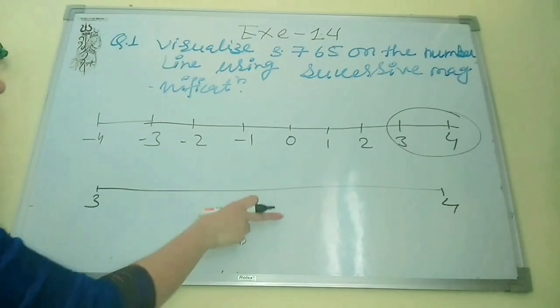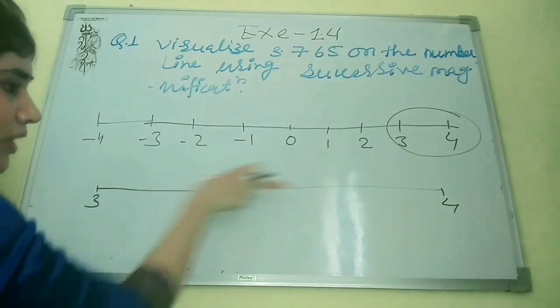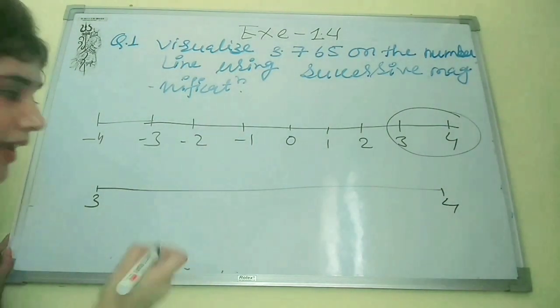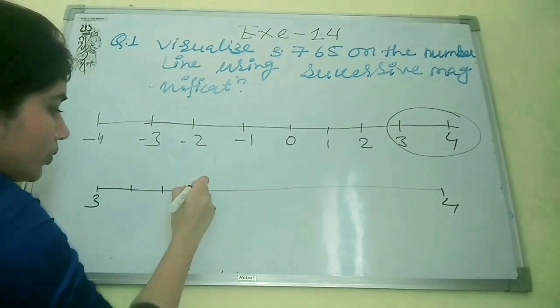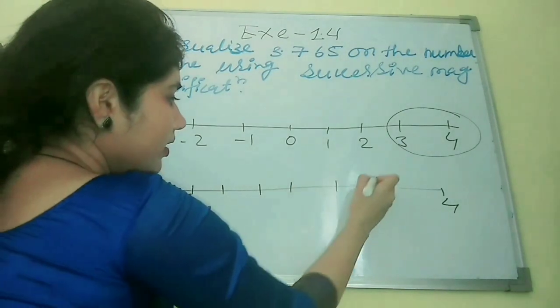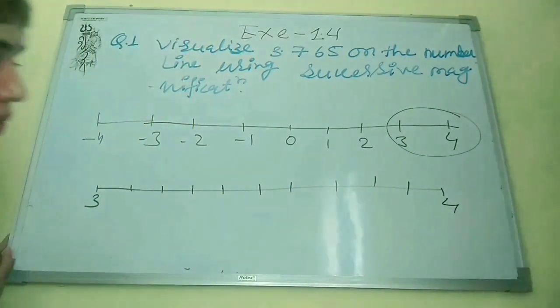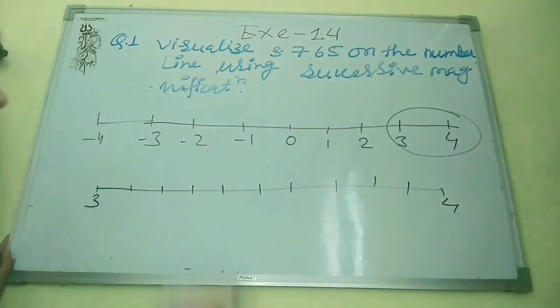If we divide it into 10 equal parts, the numbers between these two will be 9. So we mark here 1, 2, 3, 4, 5, 6, 7, 8, 9. These are the numbers which will lie between 3 and 4 because we have divided into 10 equal parts.